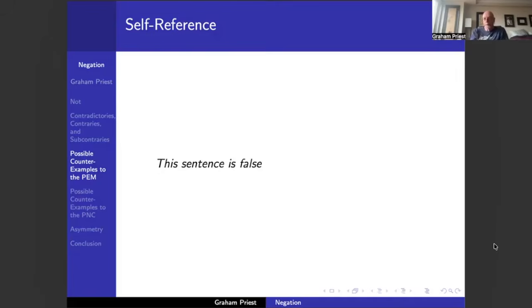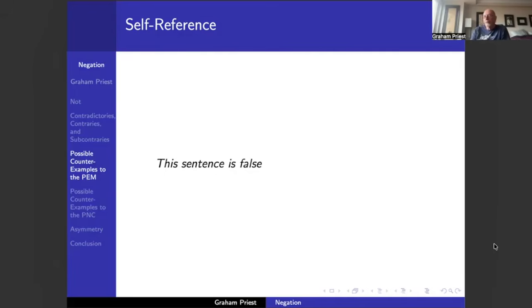This sentence is false. So this is one example of a very famous bunch of sentences which are self-referential and which are paradoxical. If you think about that sentence, if it's true, it's false. If it's false, it's true. So we have a paradox. Logicians have been debating what to say about this paradox for 2,500 years, and many suggestions have been made as to how you solve the paradox.